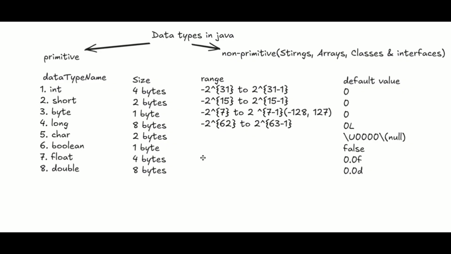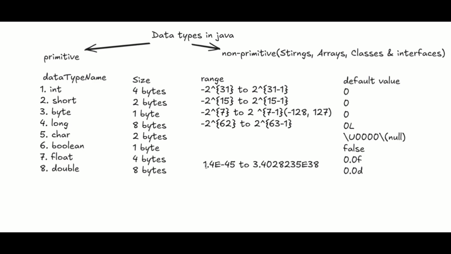And for float the minimum value will be 1.4e-45, and the maximum value is 3.4028235e38. This is the maximum value for the float.